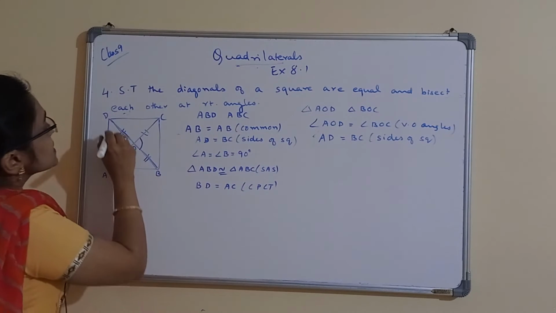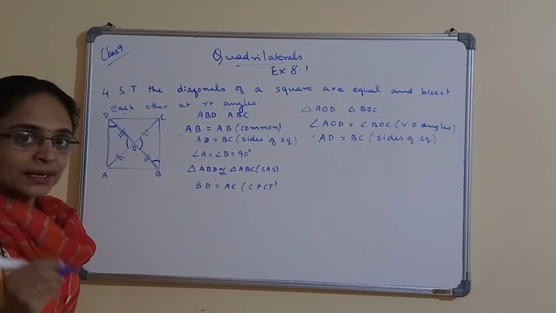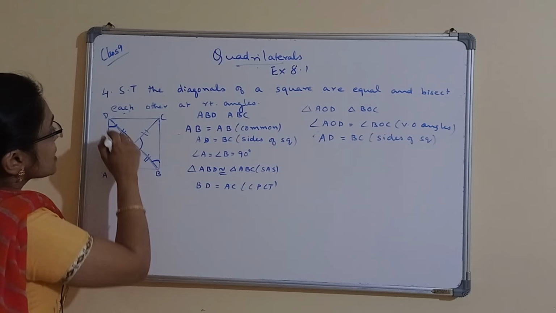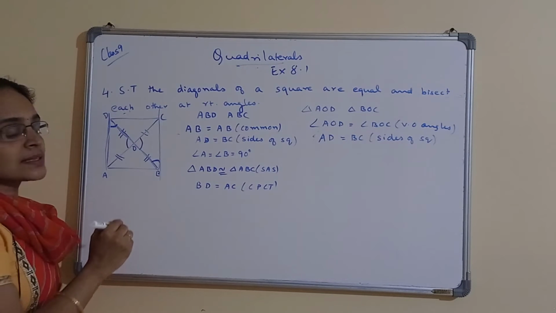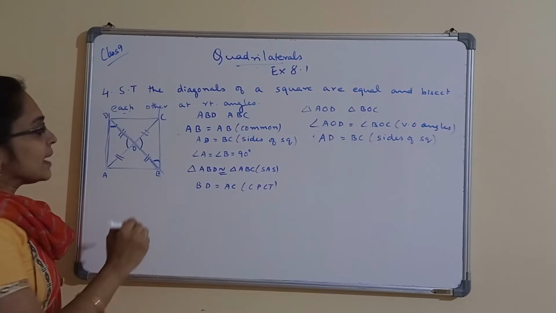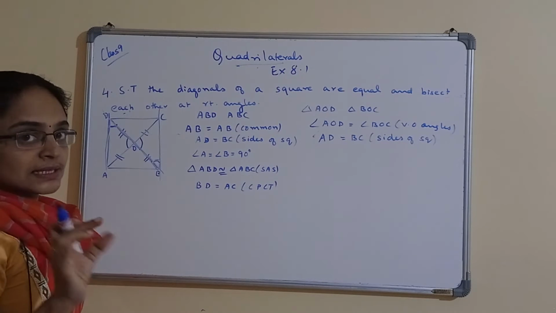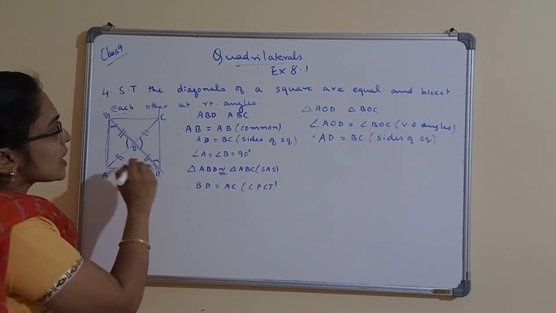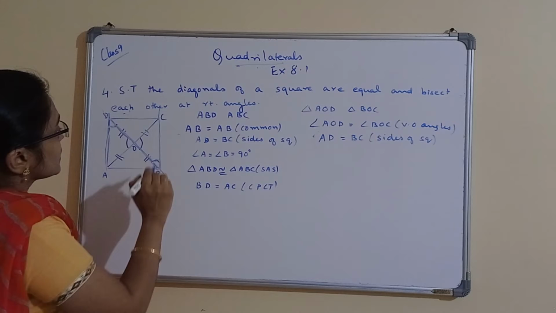And this angle is equal to this angle. Why? Because they are alternate interior angles. These two sides are the parallel sides, and if we draw this transversal, then these two angles are alternate interior angles, which means they are equal.